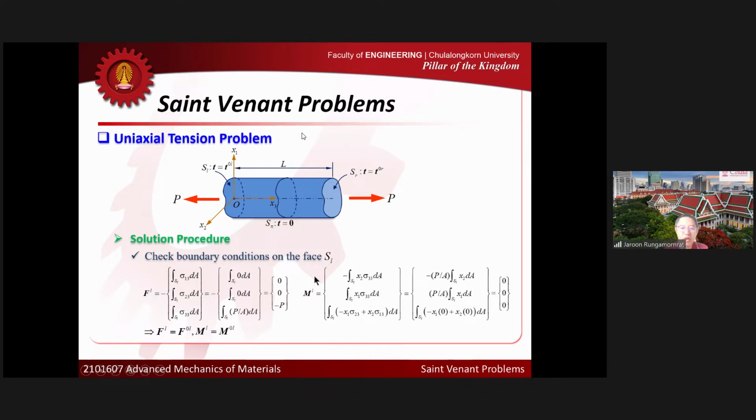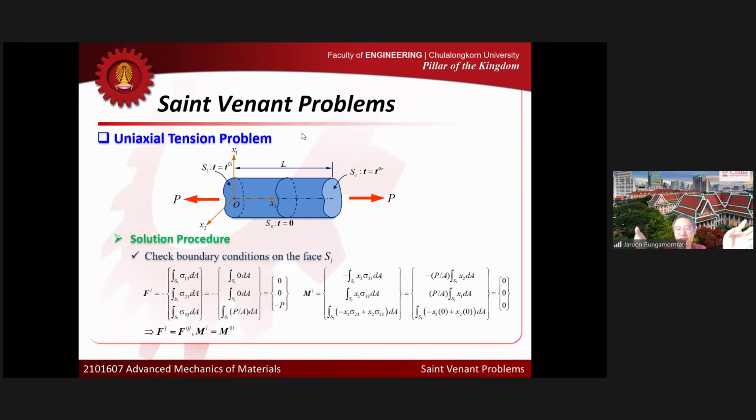Is there any question about anything here? You can see that I didn't try to force the traction condition at every point at the left end, but I looked in terms of the net forces and net moments. I try to check the quantities I got from the stress against those from the specified traction.